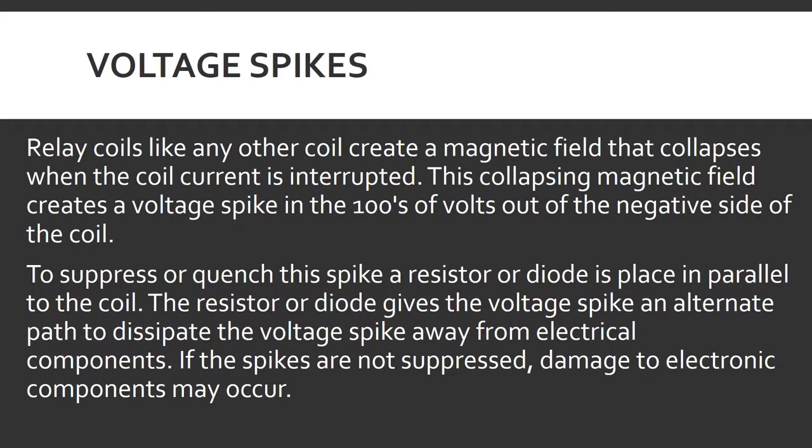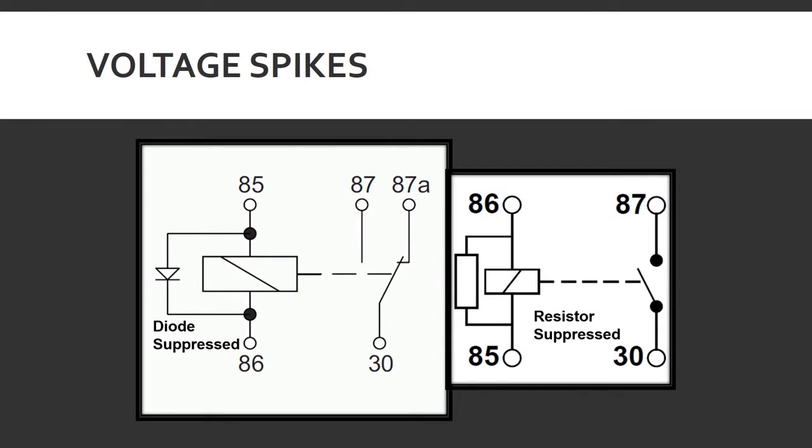In reality, you don't want this spike to be circulating through the electrical system and possibly damaging some components, so it needs to be suppressed, and a diode or a resistor is used for this reason. This one here is the drawing of a relay with a diode.